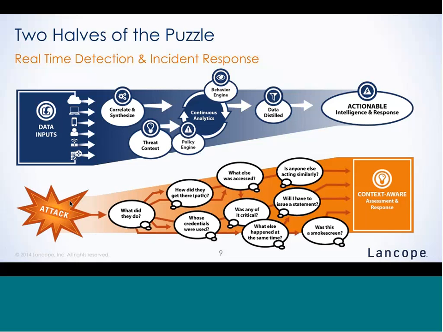Who is it communicating to inside of the organization? Has it accessed critical assets? Who's the user that's associated with that? Of those critical assets, how much information was gathered from that particular resource? All of these types of things run down into an eventuality of, do I have to issue some sort of statement as a result of said breach?